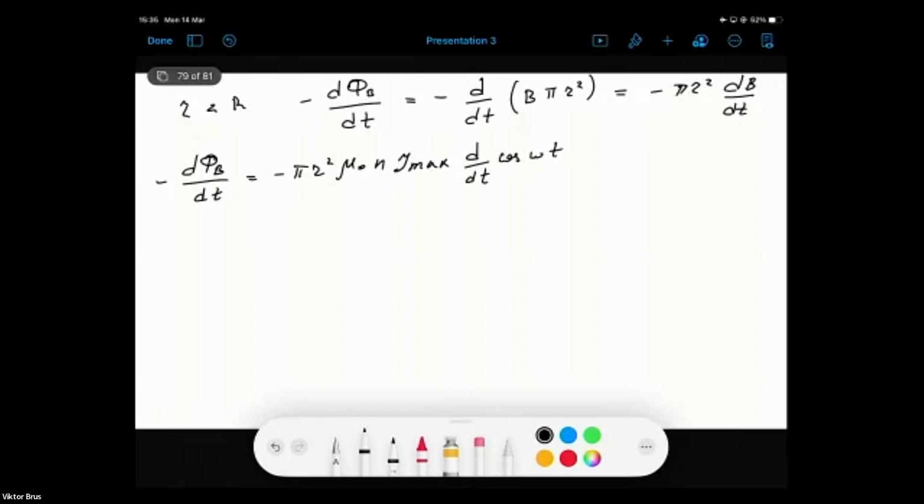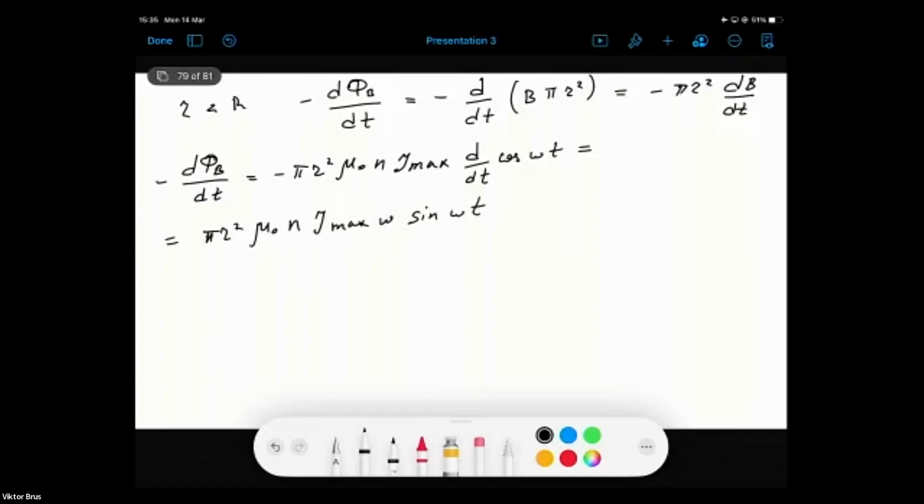And that is equal to pi r squared mu naught n I maximum times sine. Sorry, I forgot, here should be omega times sine omega t.